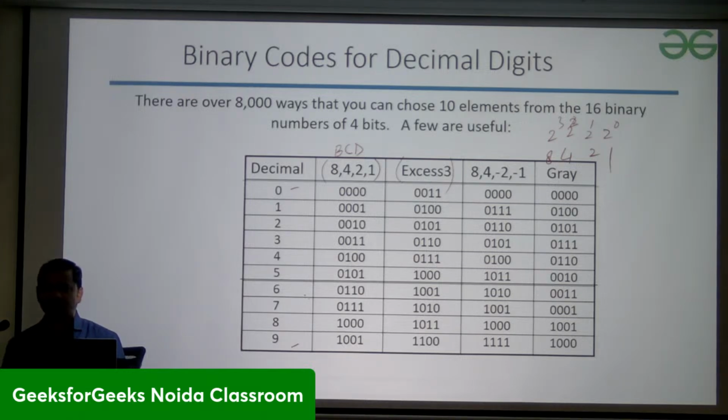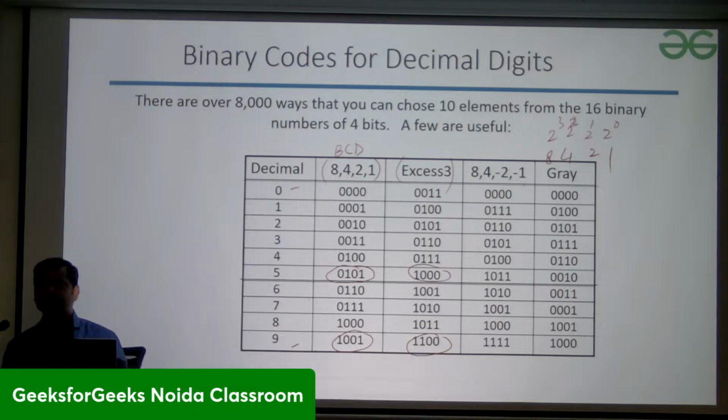I'm just picking random values: 5 plus 3, 9 plus 3. So this is excess 3 code. Whatever is the current value of the BCD, plus 3 is giving the value.